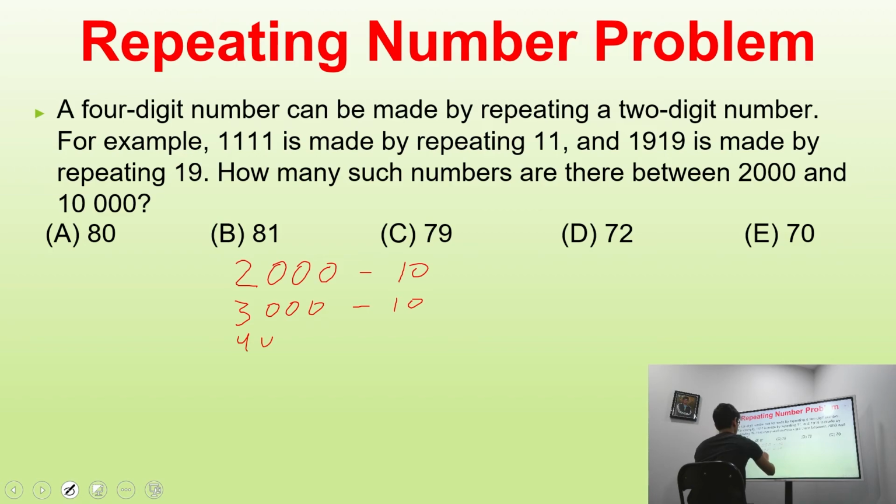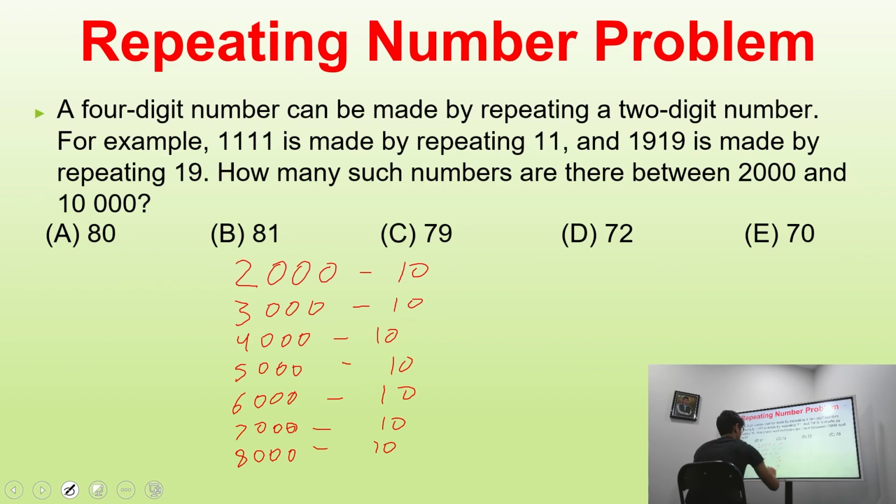We have 4000, which is also 10. 5000, and we also have 6000, which is also 10. So we know that every single one of them is 10. So 7000, also 10. 8000 is also 10. And 9000 is also 10.